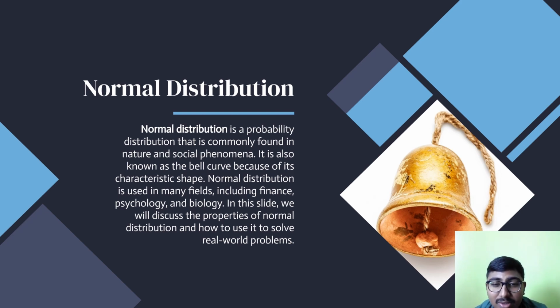So normal distribution is commonly found in natural and social phenomena. It is also known as the bell curve because there are ups and downs everywhere. See, a bell has an up and a down. So in normal distribution, there is a likelihood of having ups and downs in the distribution.